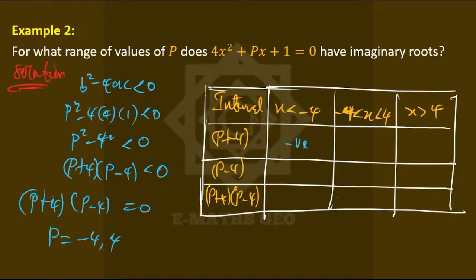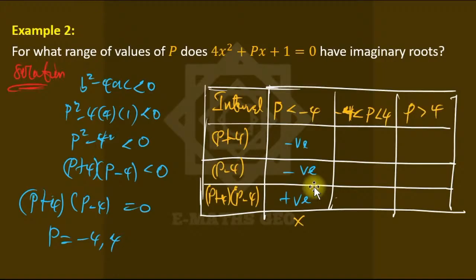Since we are looking for P, this P is the unknown. Minus 5 minus 4 is also negative. Negative times negative is positive. But what they gave us is less than 0. So this cannot be the answer.